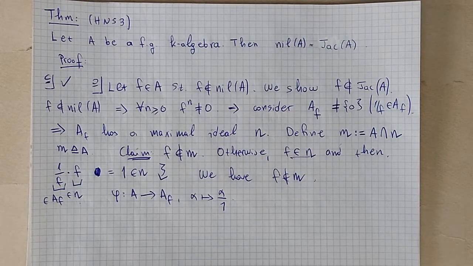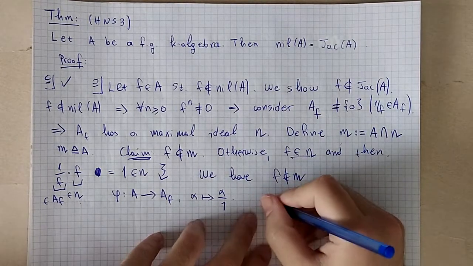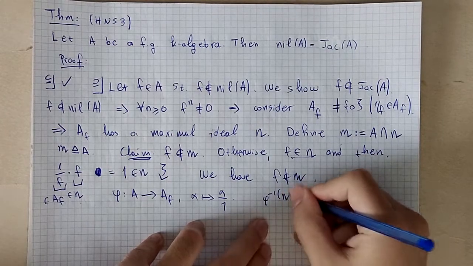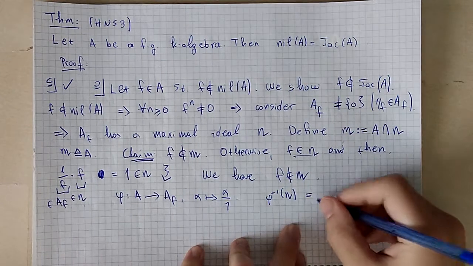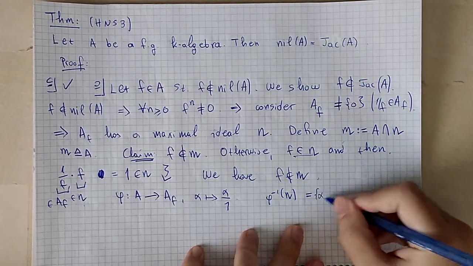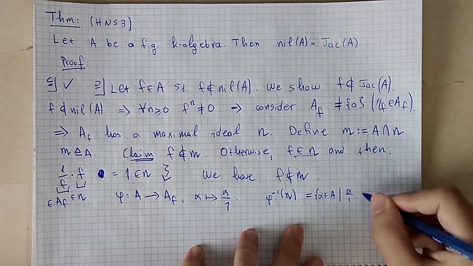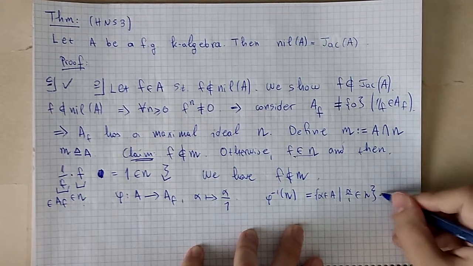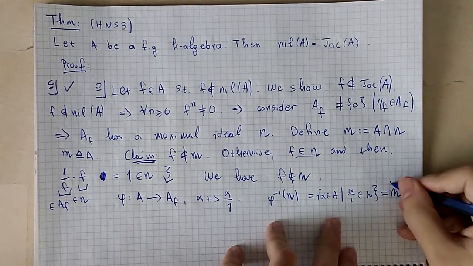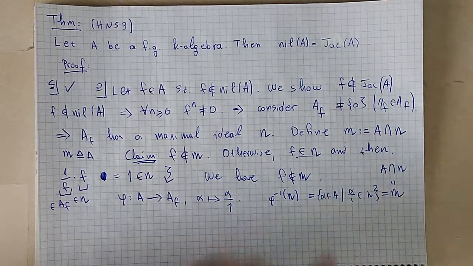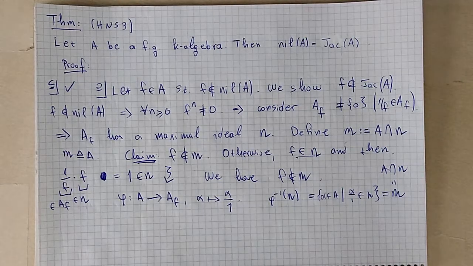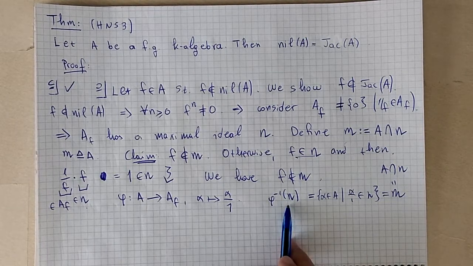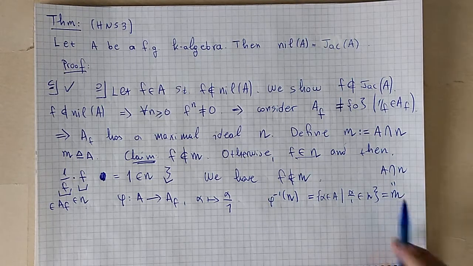It's easy to see that if I consider the pre-image of N under this map, then by definition this is this set, but it's easy to see that this is just M, which is alpha A intersection with N, right? This is really easy. Since we know that N is maximal, all we have to do in order to show that M is maximal is to use the previous proposition.